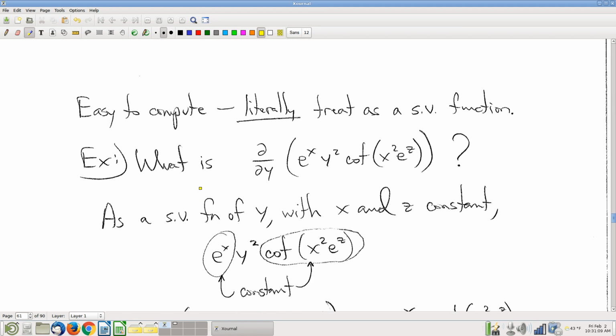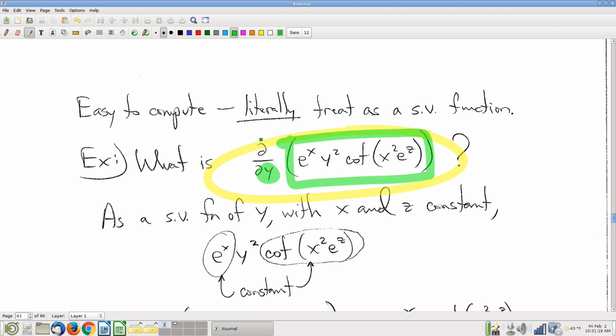And so here's our first example. This looks like a really hard problem. I'm going to take the partial derivative with respect to y of this monster. Yikes. Right? Feels like, my gosh, I have to use the product rule twice. Cotangent of this junk in here, I'm going to have to use the chain rule, so it seems.